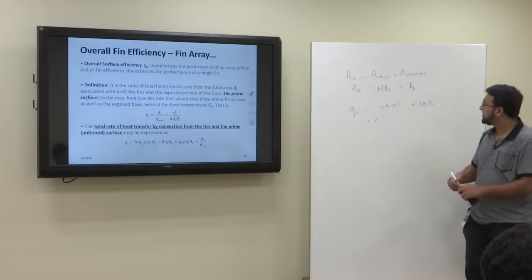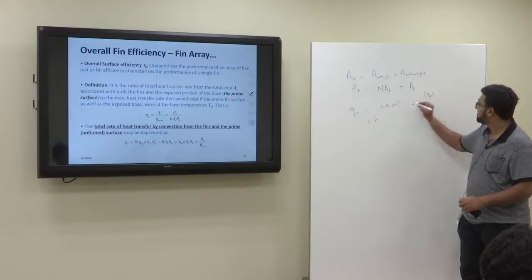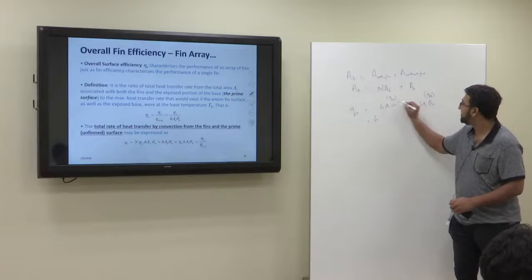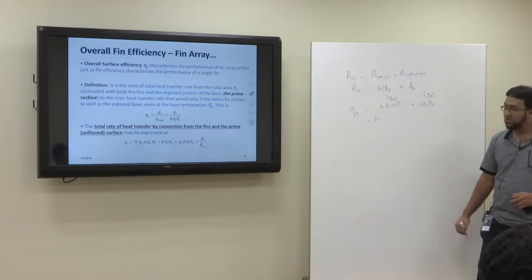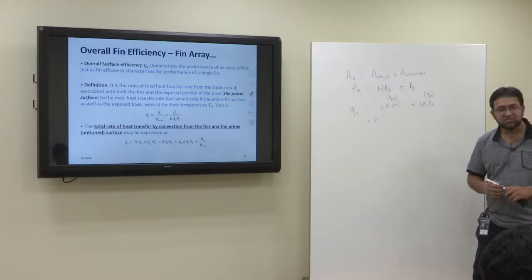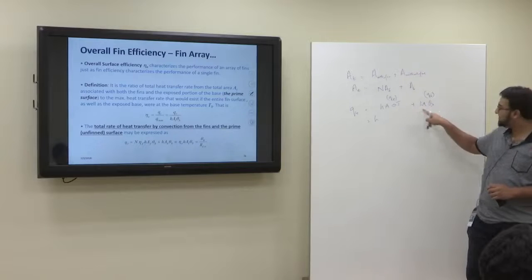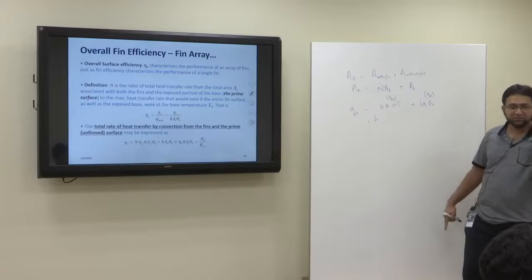So this total heat transfer is the heat transfer from the base plus the heat transfer from the fin. This QF, the heat transfer from the fin, we can represent by putting delta T as theta B with the efficiency of the fin.